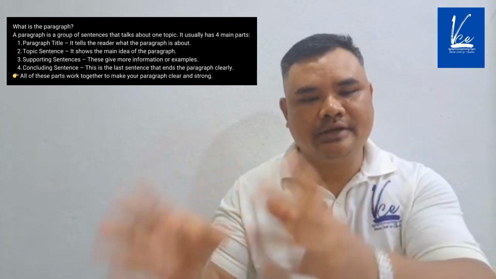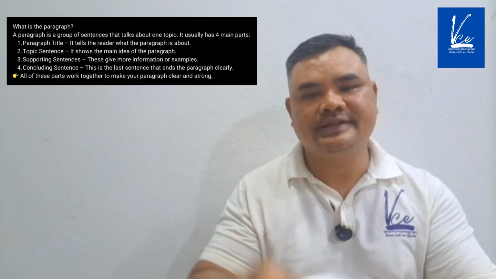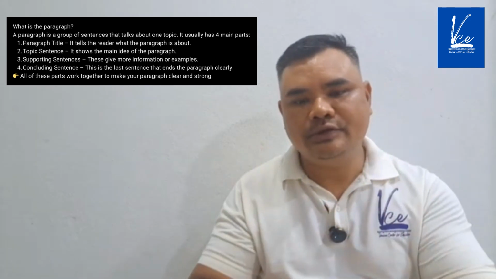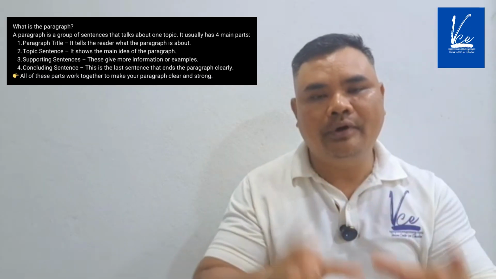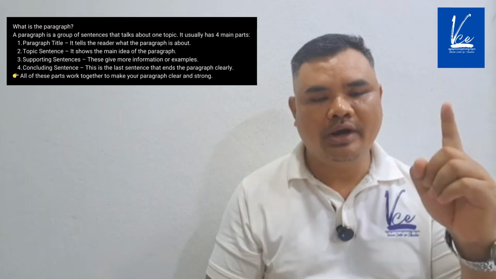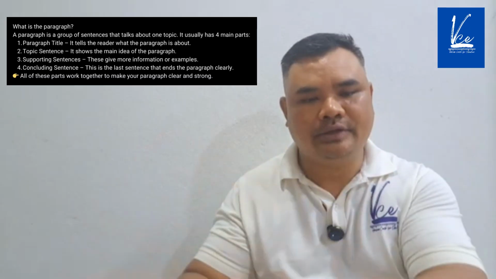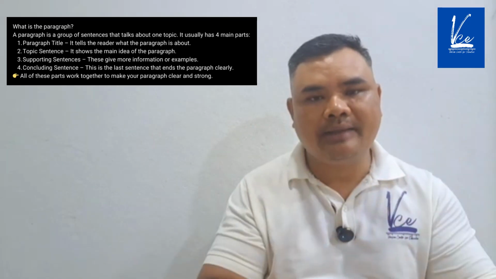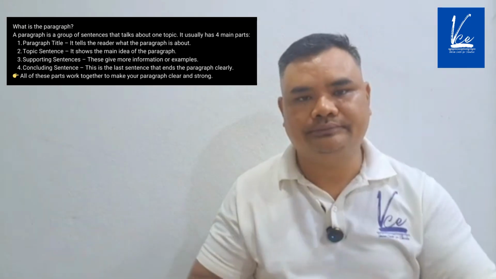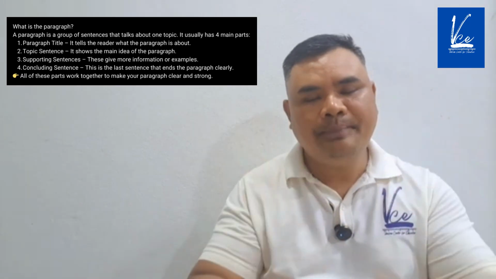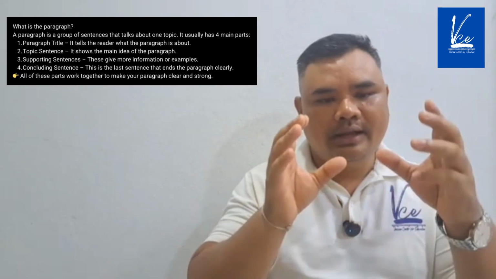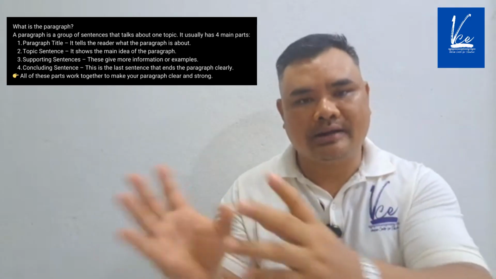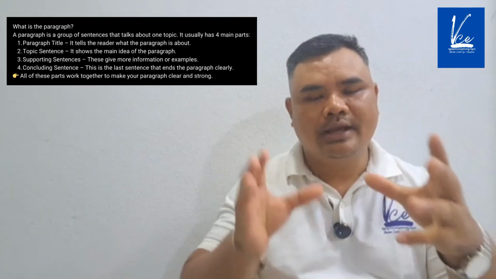What is a paragraph? A paragraph is a group of sentences that talk about one topic. It usually has 4 main parts. 1. Paragraph title. It tells the reader what the paragraph is about. 2. Topic sentence. It shows the main idea of the paragraph. 3.